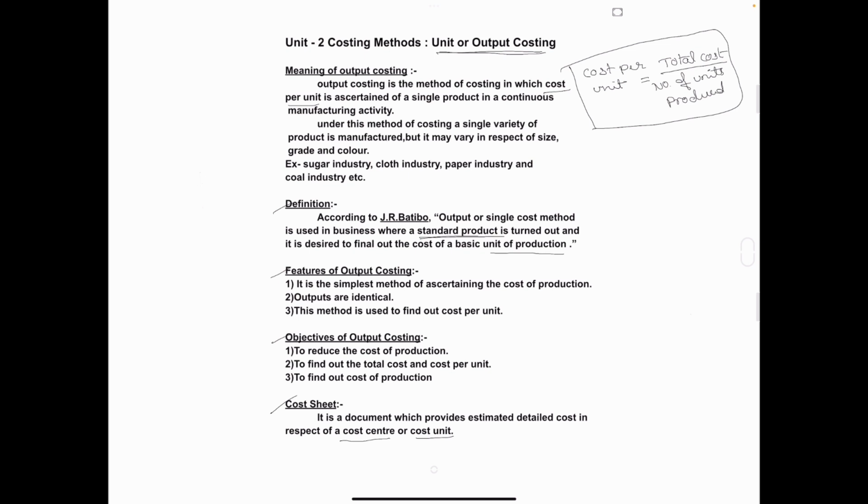And this cost sheet is prepared to find out the total cost and profit. So these topics they may ask for 2 marks. Write the meaning or definitions of output costing, or the features or objectives of output costing, or the meaning of cost sheet. In my next video, I will explain the format of cost sheet.